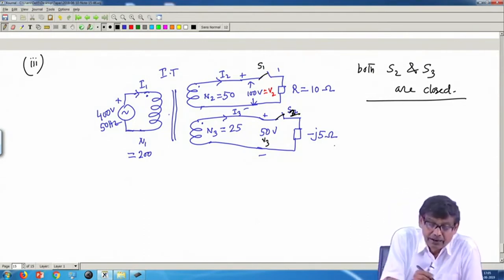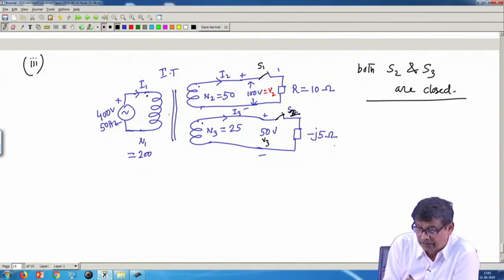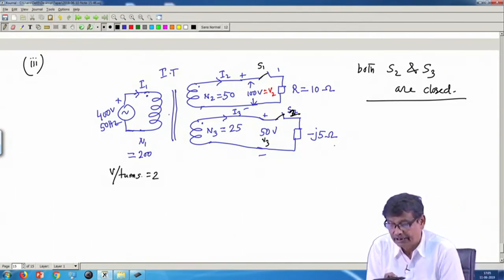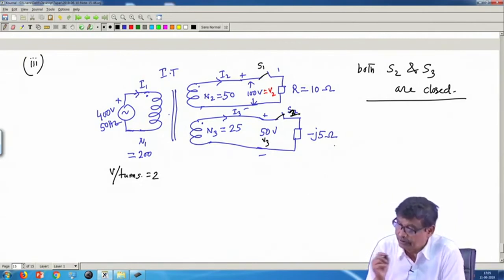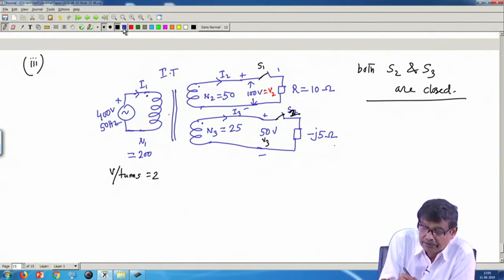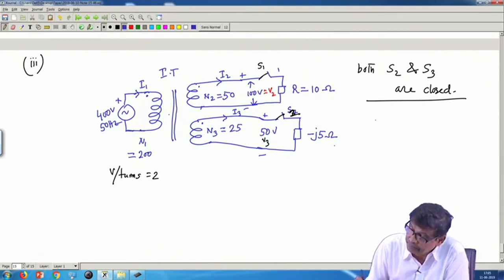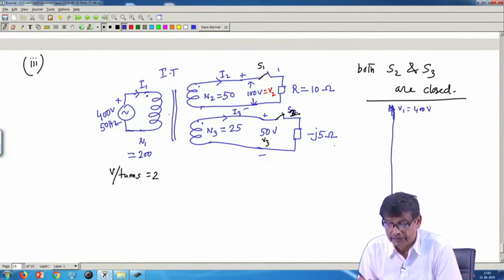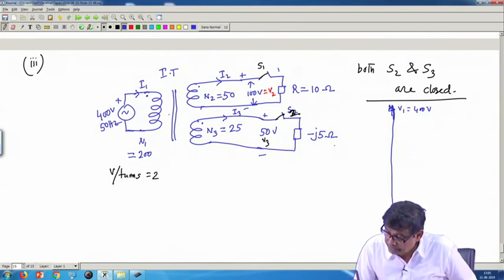Then once again, first I will calculate voltage per turn, which is equal to 2, which I have already calculated, and this gives the 100 volt open circuit voltage. Then I will draw the phasor diagram. This is the 400 volt, V1 400 volt, then your 100 volt and 50 volt.